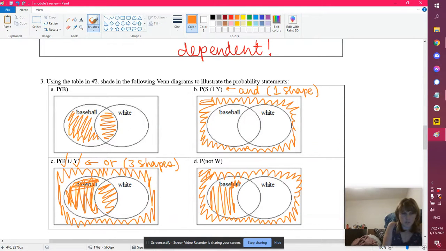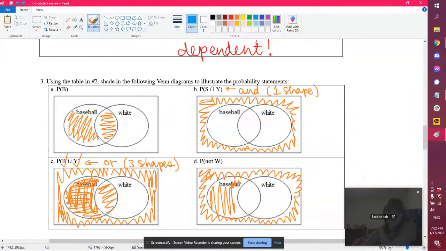And it's hilariously this one on the left again. It doesn't matter if it's filled in twice or just once, it counts for the or. So basically we only don't want this one. We only don't want the things that aren't baseballs and aren't yellow. All right, that's number 3.